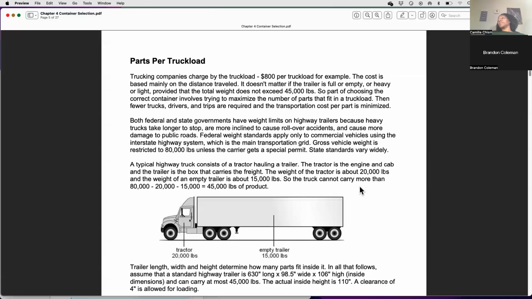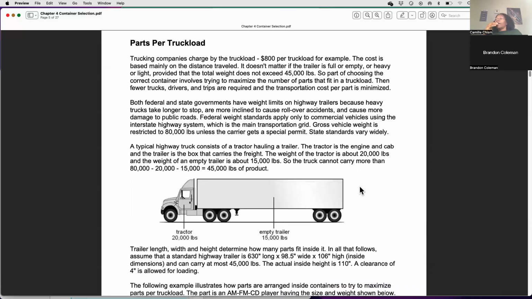So, okay, parts per truckload. I tried to look this up because I wanted to update this. Trucking companies, a lot of times, if you go and order a truck, they'll charge you by the truckload. Now, some of the larger automotive companies and tiers, they will negotiate rates, and they can be very complicated.